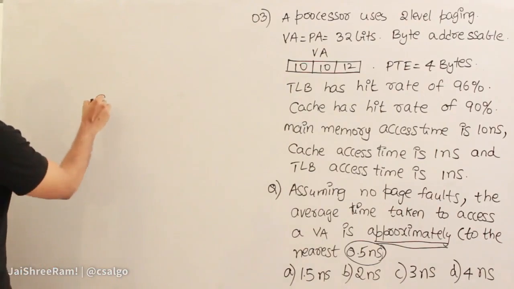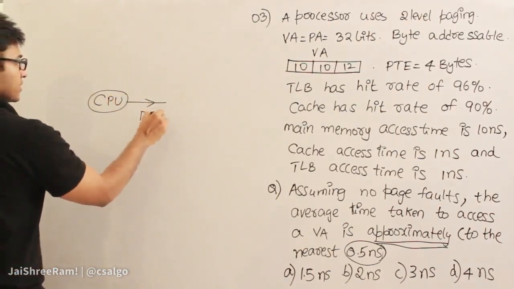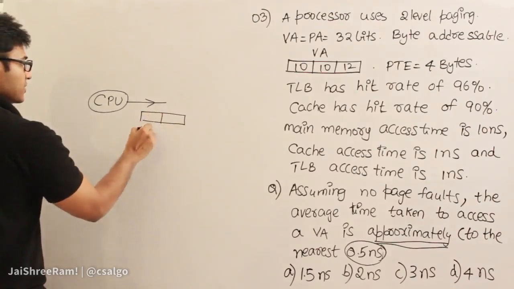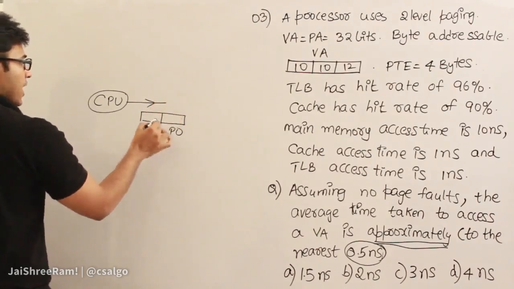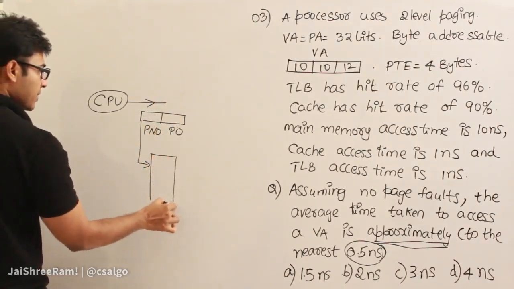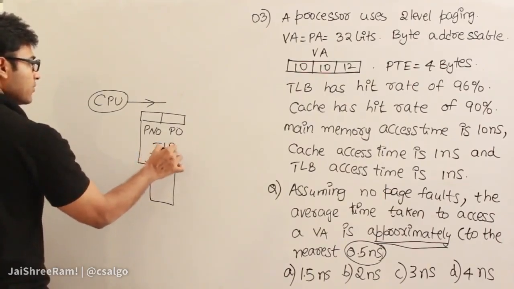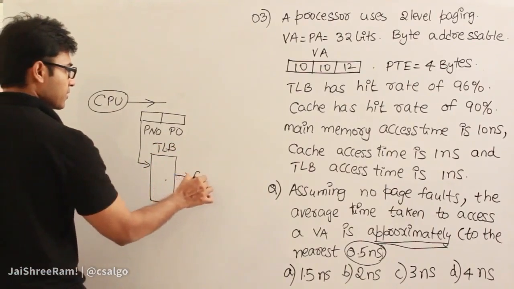Now whenever the CPU generates a logical address, it contains two parts. One is the page number and the other is the page offset. You already know it, right? And now using the page number, we are supposed to get into the TLB. If it is present in the TLB, then we can directly get the frame number, right?